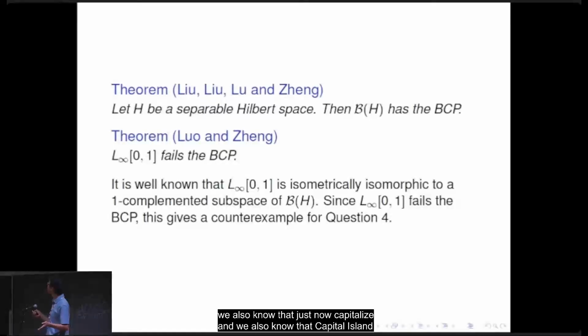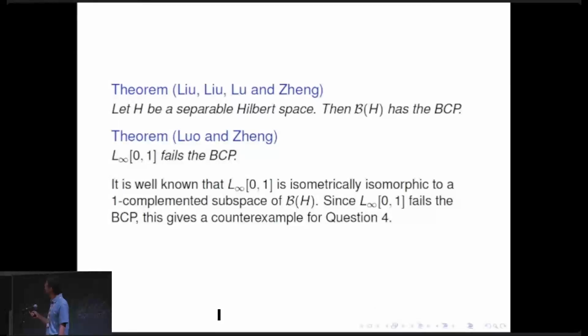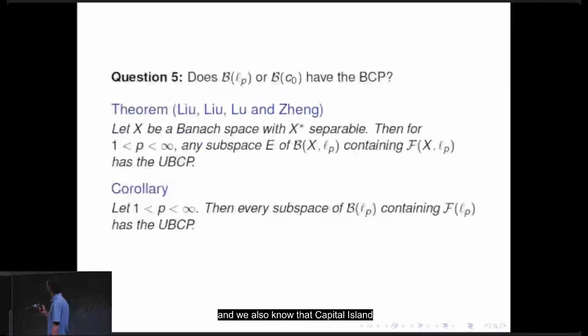So this tells you the answer to the question is no, because B(H) has the ball covering property, and capital L infinity doesn't have the ball covering property, but it's a one-complemented subspace. Actually, this is also completely one-complemented, in terms of operator space language.